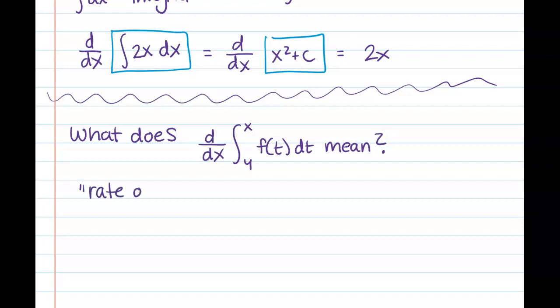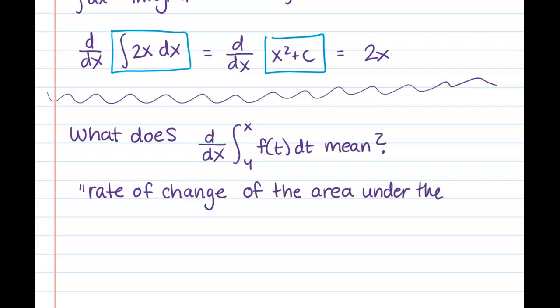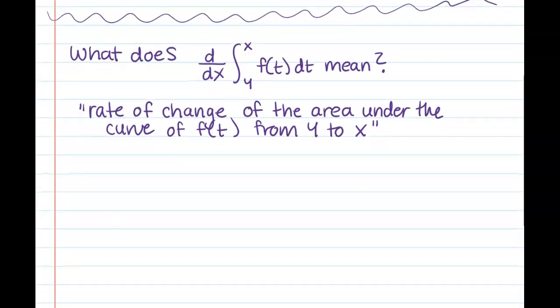So it's the rate of change of the area under the curve, that's the integral of f of t from 4 to x. Doesn't really mean a lot to anybody, right? Well, it is what it is. It's a stupid saying, but it is what it is. So let's do some examples.